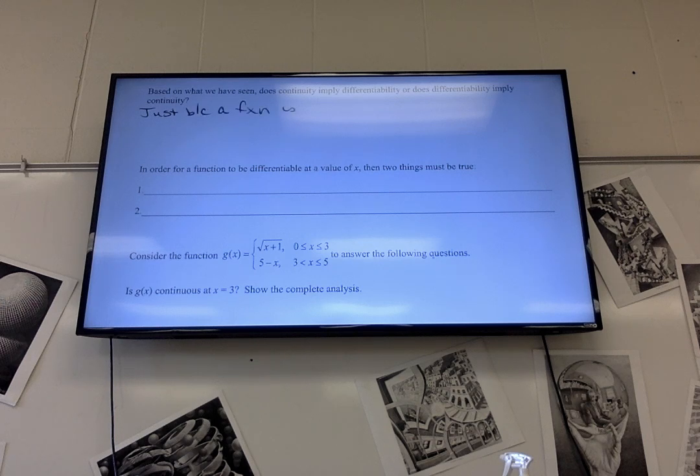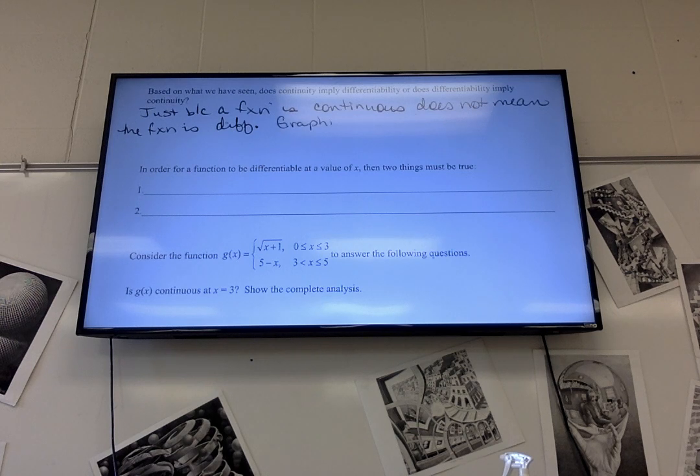A function is continuous does not mean the function is differentiable.